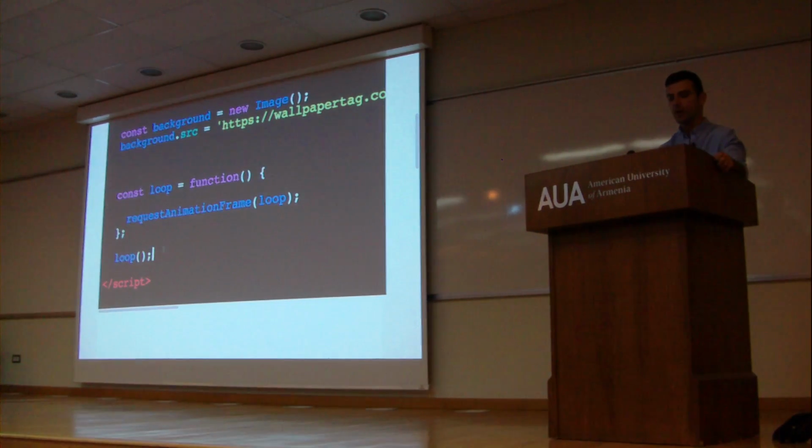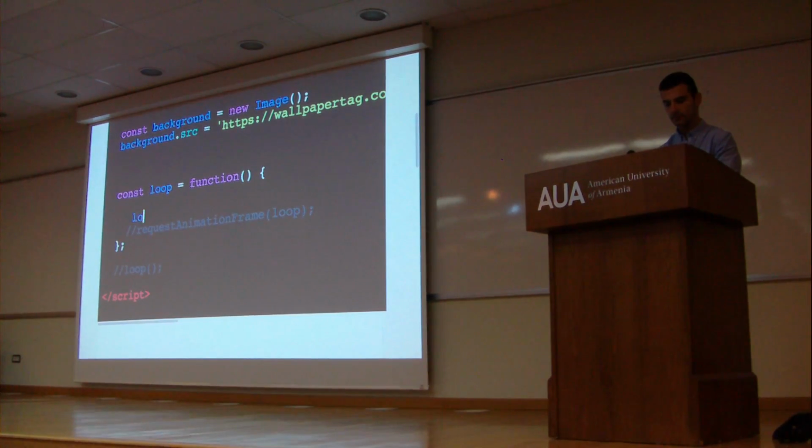Awesome. Okay. So, if I didn't have request animation frame, if I just did, hang on, let me not call it right now. If instead of this, I just did this, right? Okay, let me explain. Code executes top, bottom, right? So what will happen here, if I do it this way, is it will go in here, then go in here, then go in here, and it'll keep doing this.